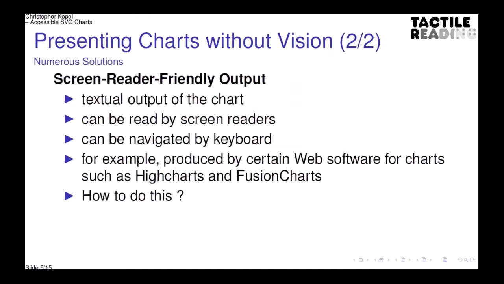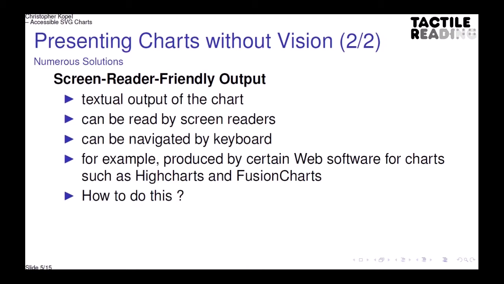But there are also special programs running either on a normal personal computer or on a smartphone, which can present the chart objects, the chart components, as text fragments. And these text fragments can then be navigated by keyboard and read out by screen reader, either by speech synthesis or in Braille.